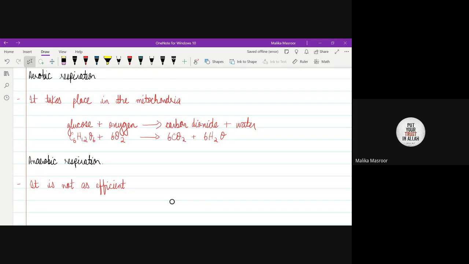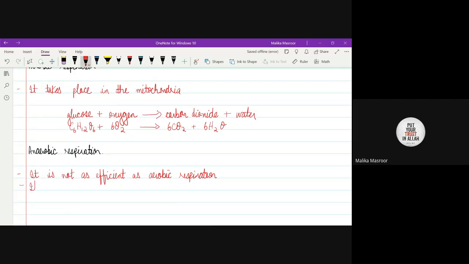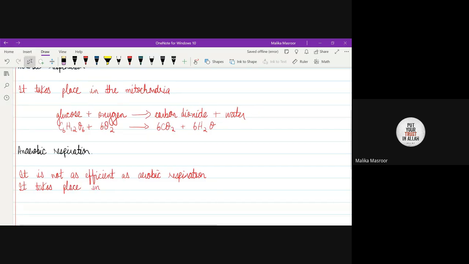And it takes place in the cytoplasm of the cell.